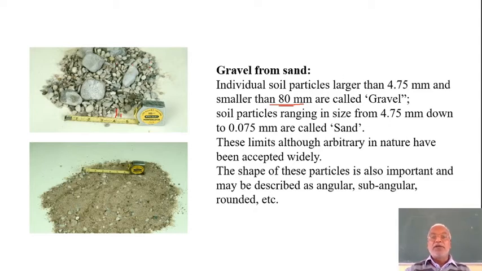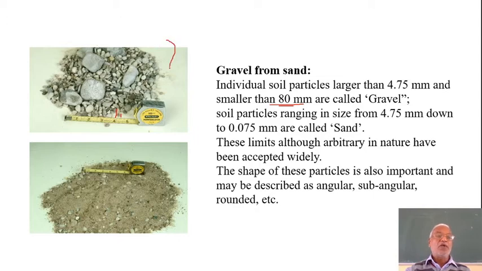Individual soil particles larger than 4.75 mm and smaller than 80 mm are called gravels. Of course, 4.75 to 20 mm is called fine gravel, and 20 to 80 mm is referred to as coarse gravel. But the total range from 4.75 up to 80 mm is all gravel.